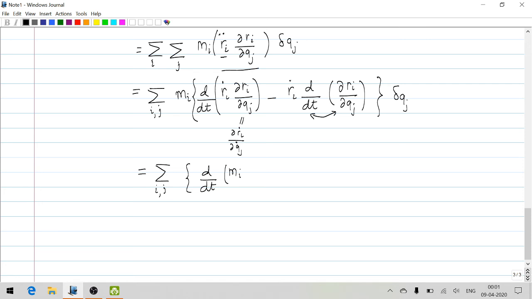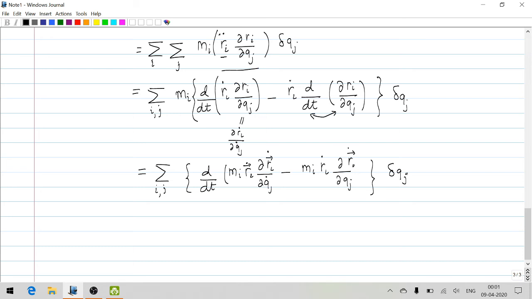Ri dot dou Ri bar dot upon dou Qj dot, minus, similarly here also, mi Ri dot, if this dou by dou Qj comes outside, and I'll have Ri bar dot delta Qj.